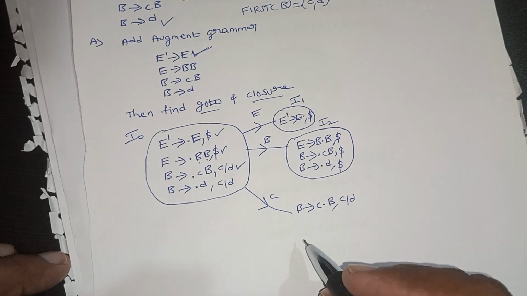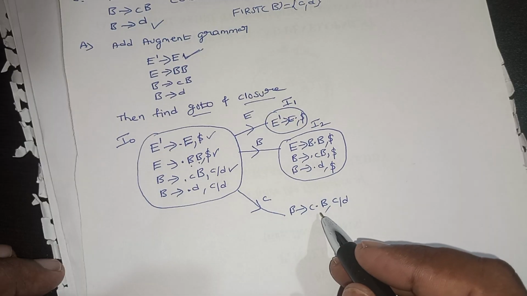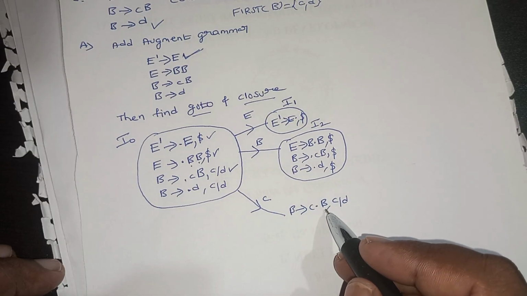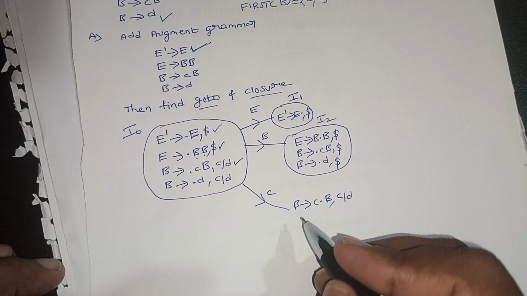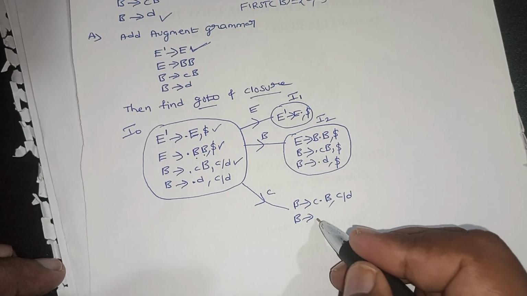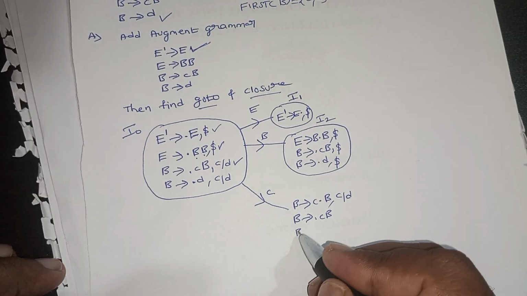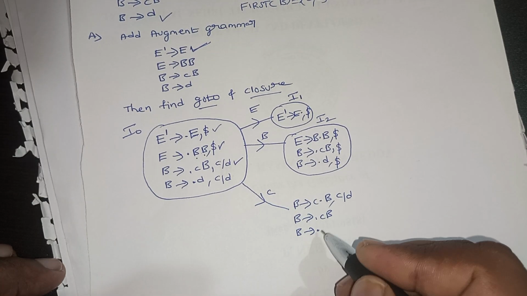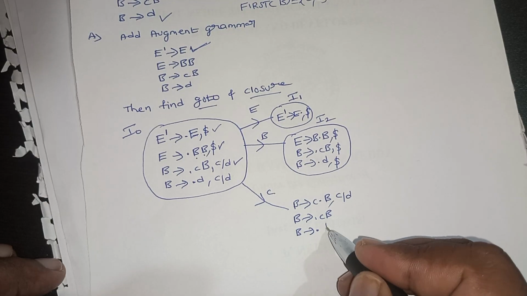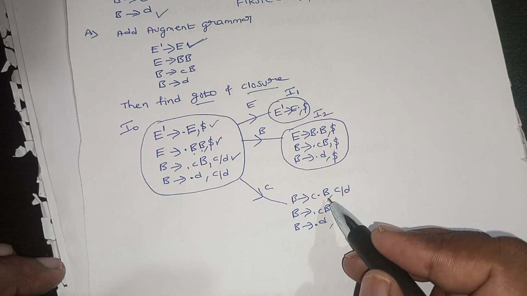Now what I have to do, I have to add all the rules of B. Why? Because there is a dot to the left of the variable B, you add all the rules of B. So B tends to small c capital B. B tends to dot D. Now what are the lookahead symbols?